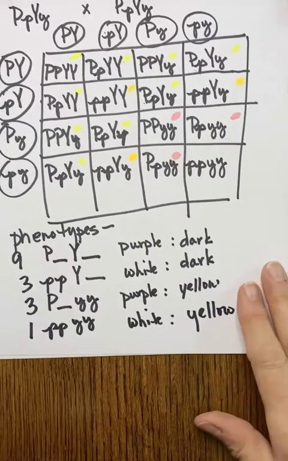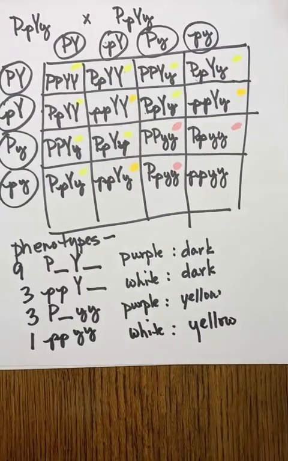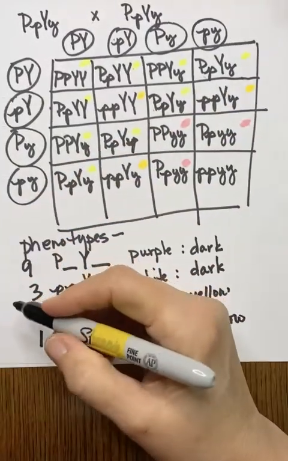Okay, so what does this mean? Remember that you are going to be able to see phenotypes. You're going to count how many individuals have purple stems, dark leaves, white stems, dark leaves, purple stems, yellow leaves, white stems, yellow leaves. That's all you're going to be able to count in your F2 generation. So write that out here.